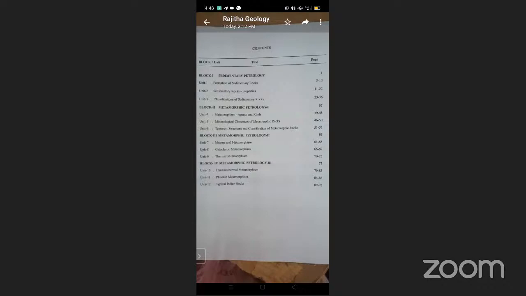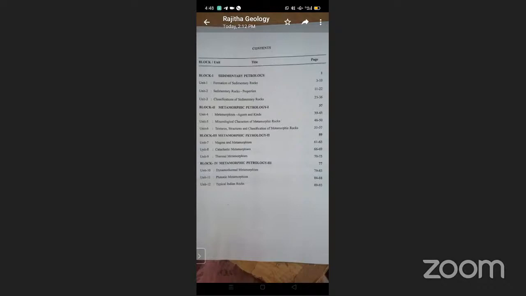Metamorphic petrology is Block 2, and again it has 3 units. Unit 4, metamorphism, agents and kinds. Unit 5, mineralogical characters of metamorphic rocks.